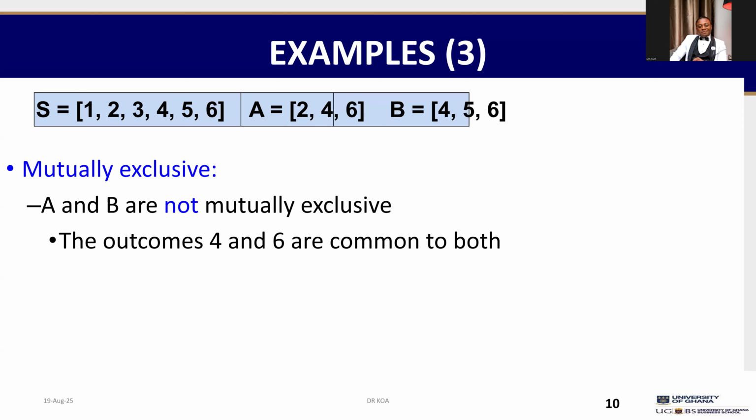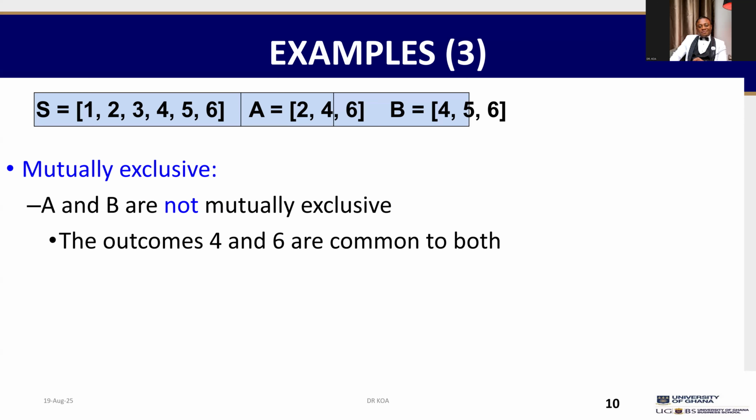Now, when that is the case, and I ask you, tell me those events that are non-mutually exclusive. The elements of the non-mutually exclusive event, they are 4 and 6 in this context. It is what is common to both. And I'm saying that events that are mutually exclusive don't have what? Intersection. Write that down. They don't have intersection.